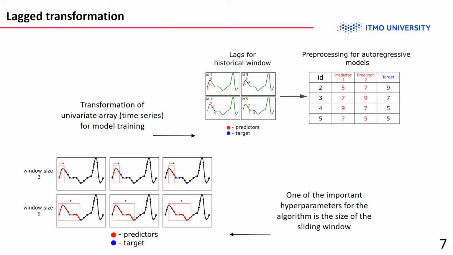About preprocessing, the first transformation we are going to apply to our time series is lagged transformation, because we are going to use machine learning models to give predictions, and such models require tables to be trained on. So we use lags as predictors and a target to be predicted. This transformation has one hyperparameter, the window size.